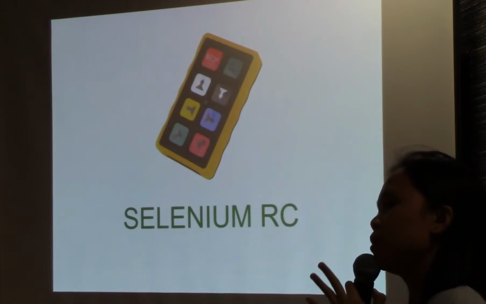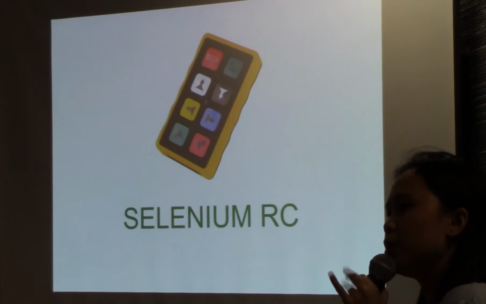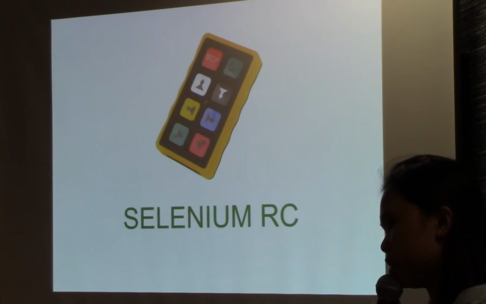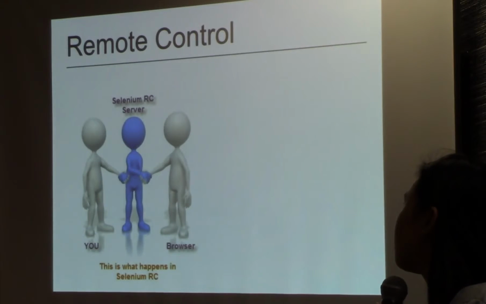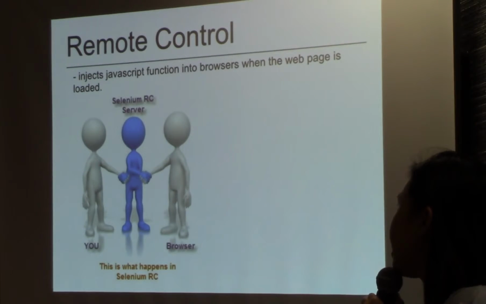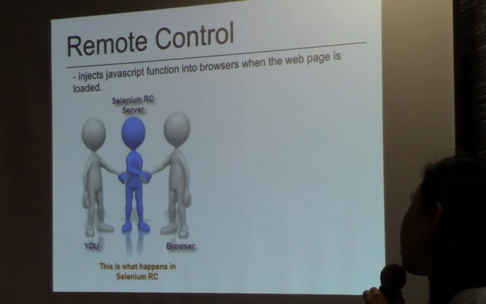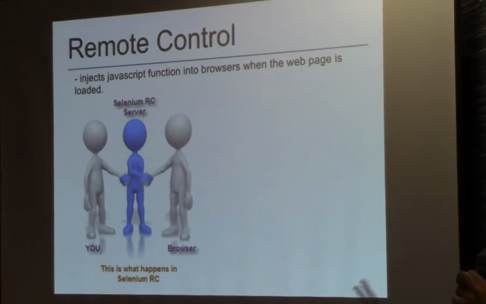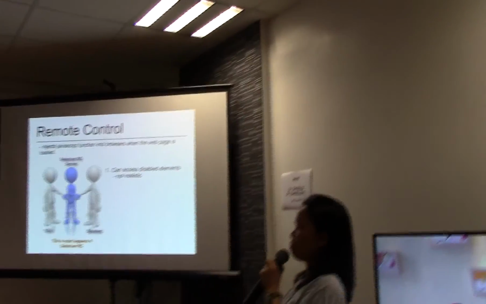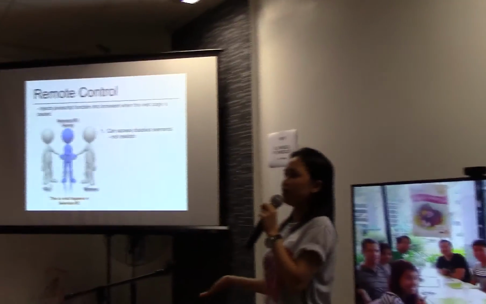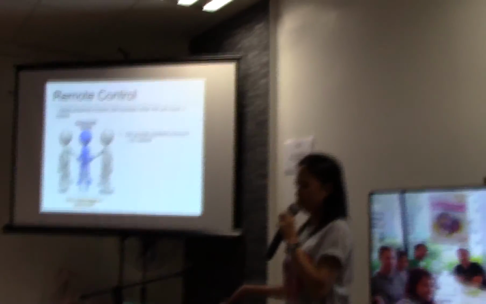First, we use Selenium Remote Control or Selenium RC. What does Selenium RC do? Selenium RC injects JS function into the browser. Since it can do that, it can access disabled elements, which is not very realistic when testing.